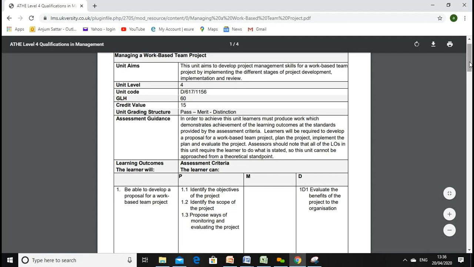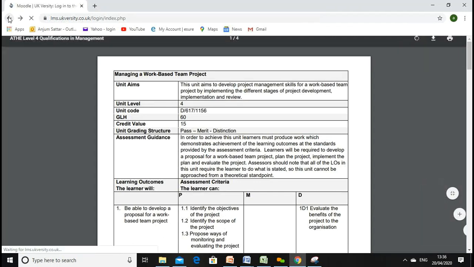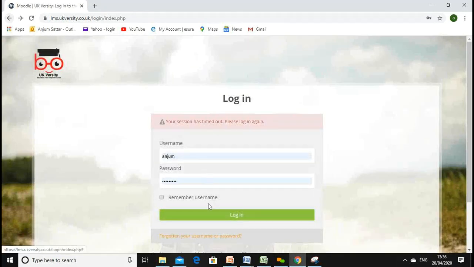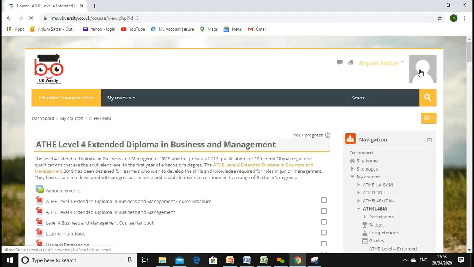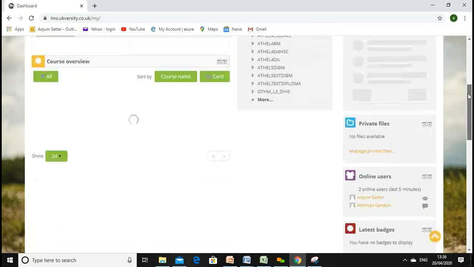Before starting this lesson, first of all we recap what we learned during our previous lessons. So first we'll go through what we learned during lesson 1, lesson 2, and lesson 3.